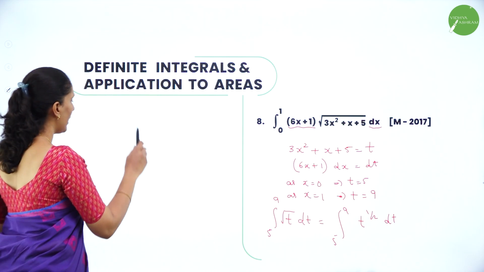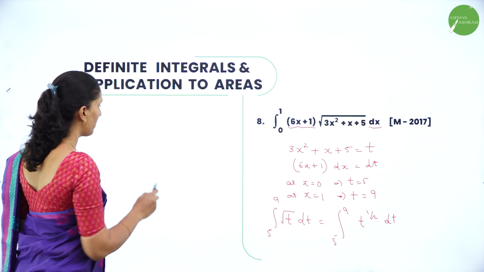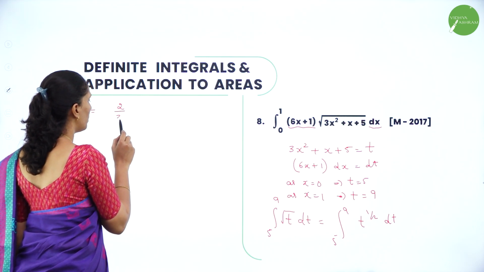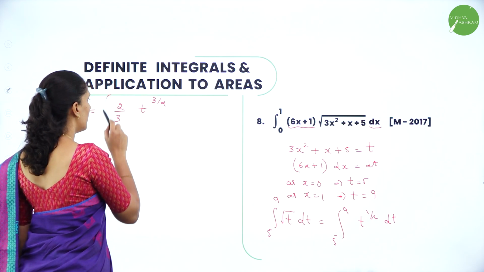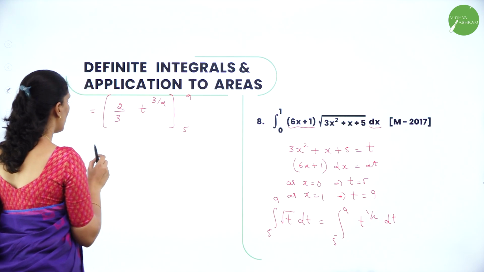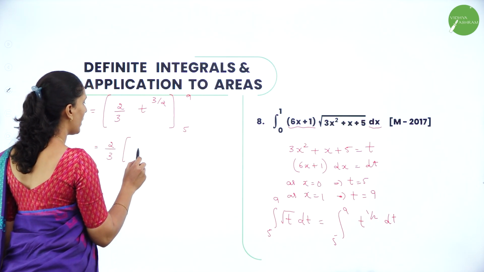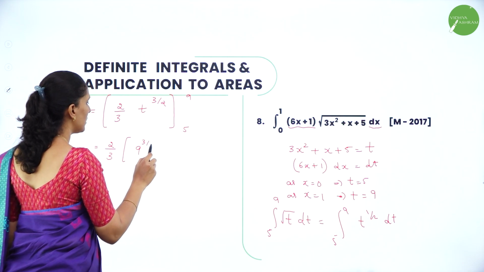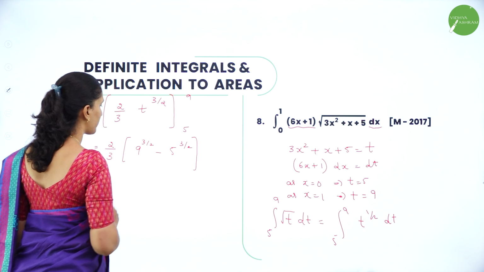So after evaluating this, we will get this as t to the power 3 by 2 by 3 by 2, which can be written as 2 by 3 t to the power 3 by 2, and here we can apply the limits from 5 to 9. So let me keep 2 by 3 outside. We'll get the value as 9 to the power 3 by 2 minus 5 to the power 3 by 2.